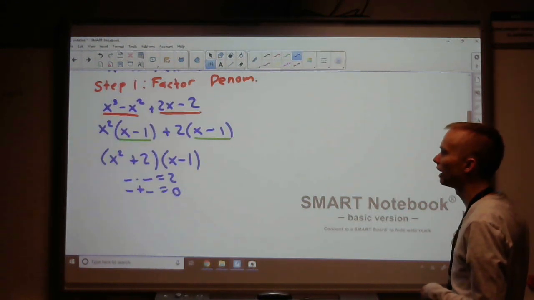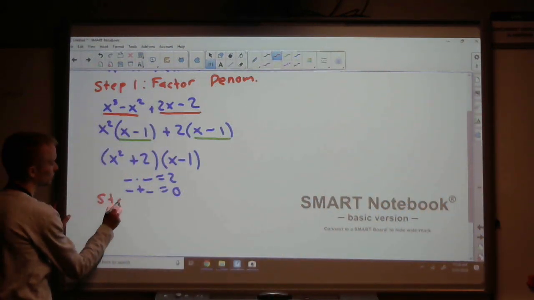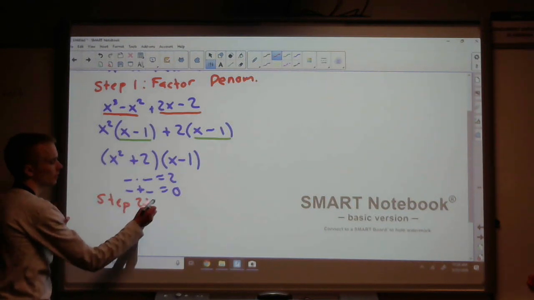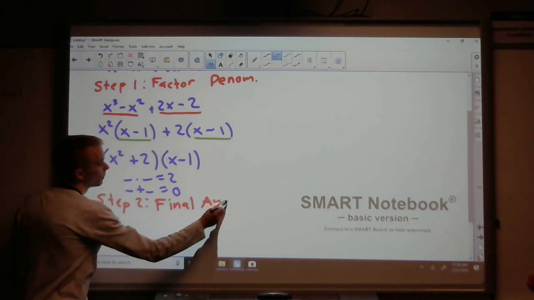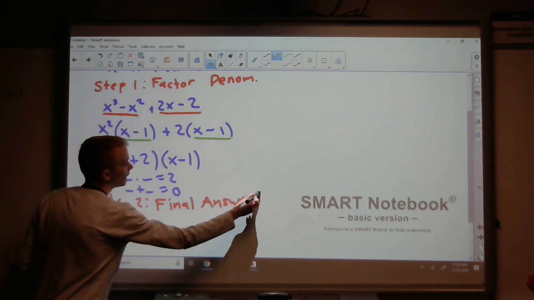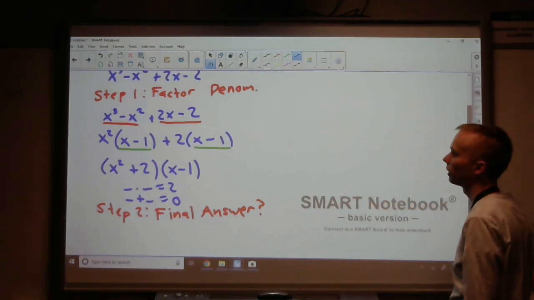So now that we have the denominator factored, our second step, step 2, is what should our final answer look like, right? We want to figure out what our final answer looks like. So let's go back up.